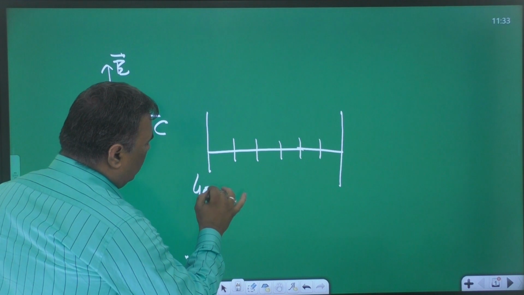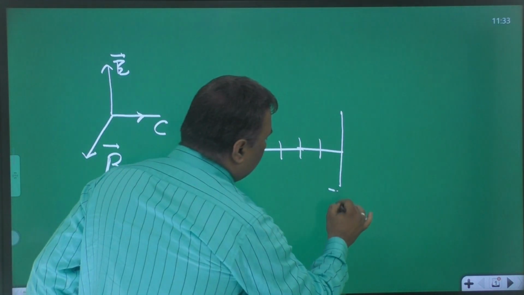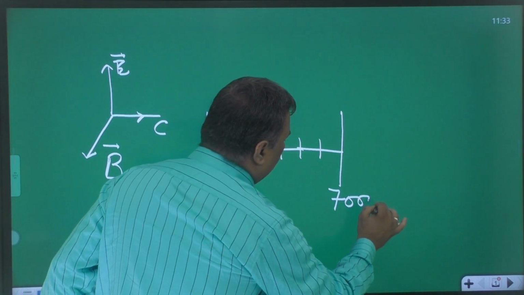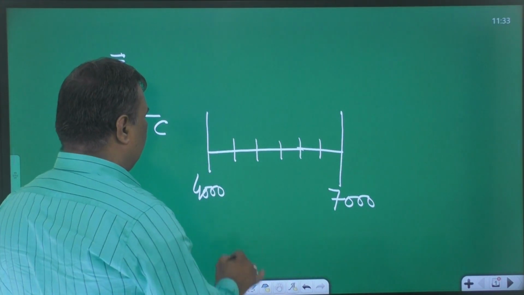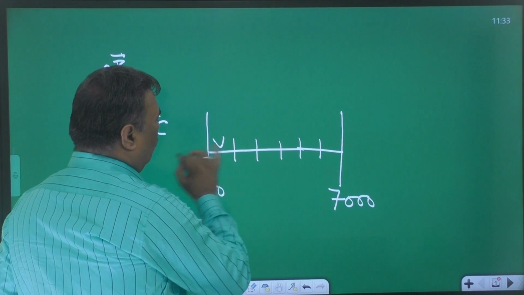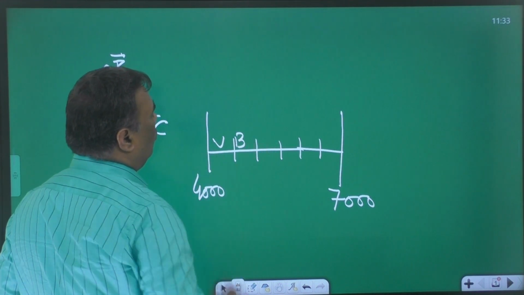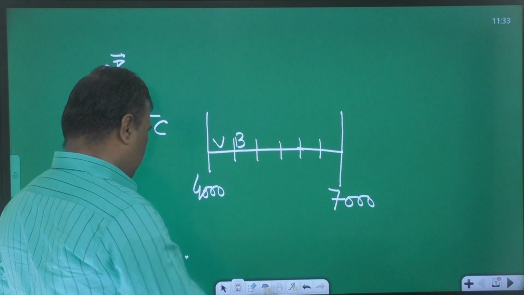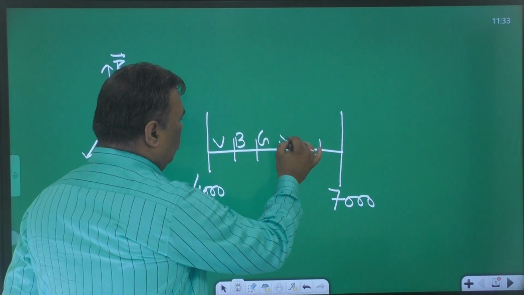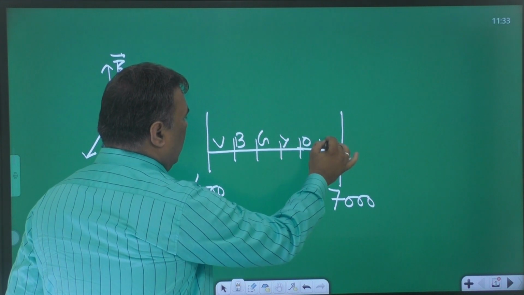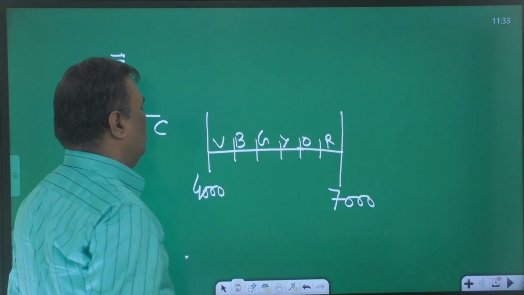Wavelength is 4000 angstrom to 7000 angstrom, and the colors are VIBGYOR: violet, blue, green, yellow, orange and red.